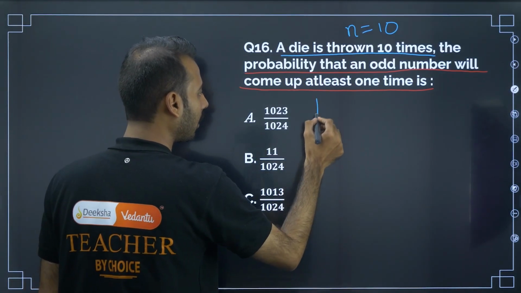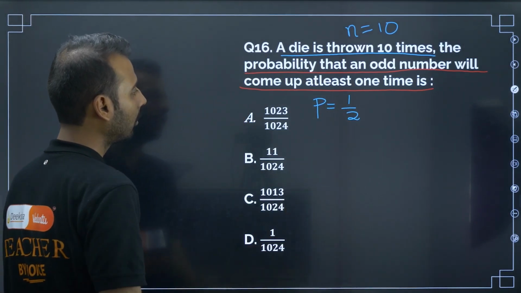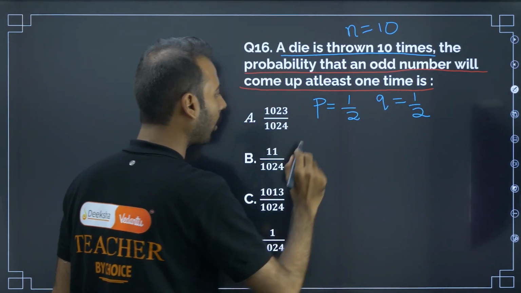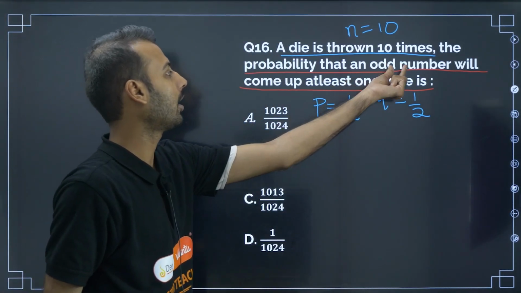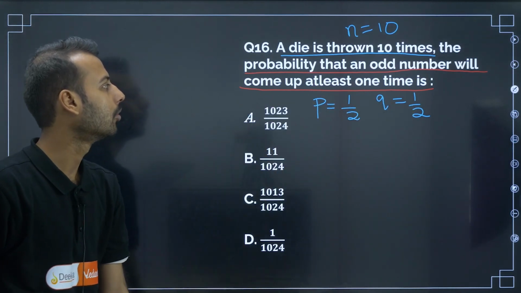Success is denoted by P, and getting an odd number has probability 1 by 2. Next, Q is equal to 1 by 2. Automatically Q will be 1 by 2, because success is 1 by 2, so failure will also be 1 by 2.